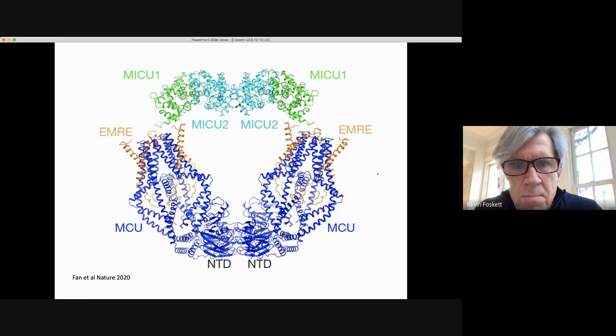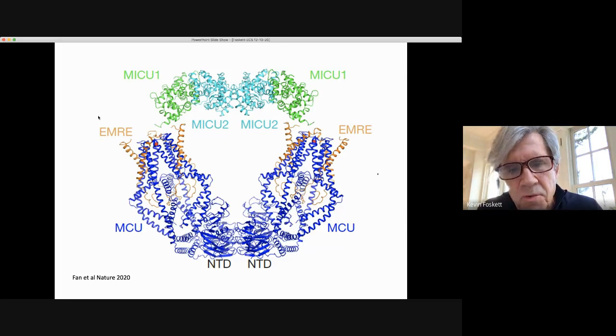MICU2 has a MICU2 interface, as well as an interface with MICU1. MICU1 interacts with MICU2, and it also interacts with the channel, mostly through interactions in the presence of calcium, mostly through interactions with the C-terminal tail of EMRE, shown here, with some minor interactions with MCU.